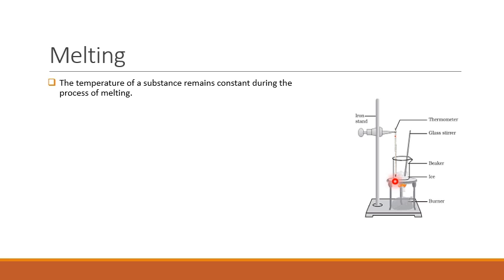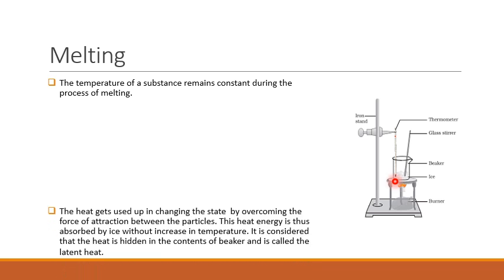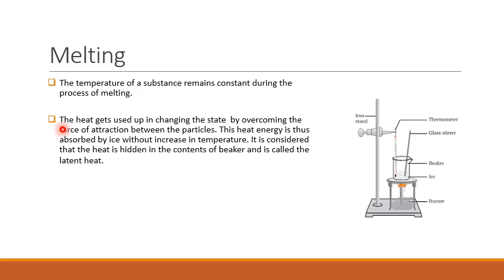Now let's see, why does this happen? So when we heat the ice, the heat gets used up in changing the state of ice, and the heat is used to overcome the force of attraction between the particles. So this heat energy is thus absorbed by the ice and it doesn't cause any increase in temperature.